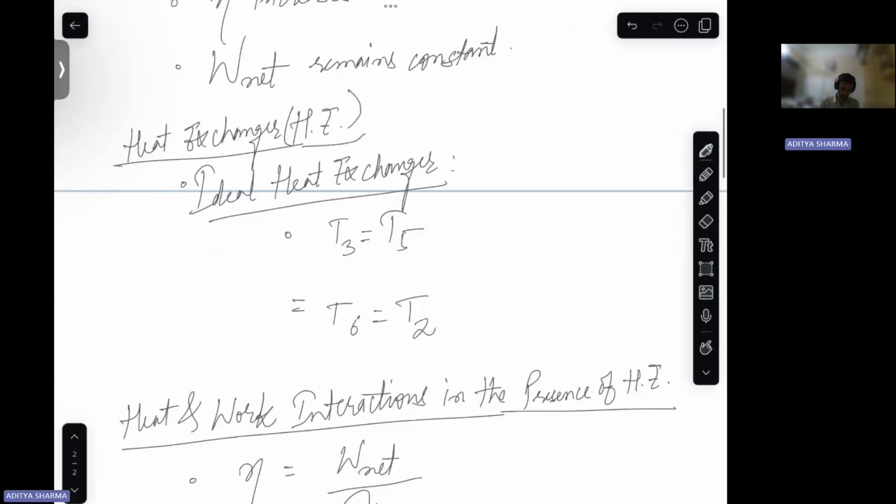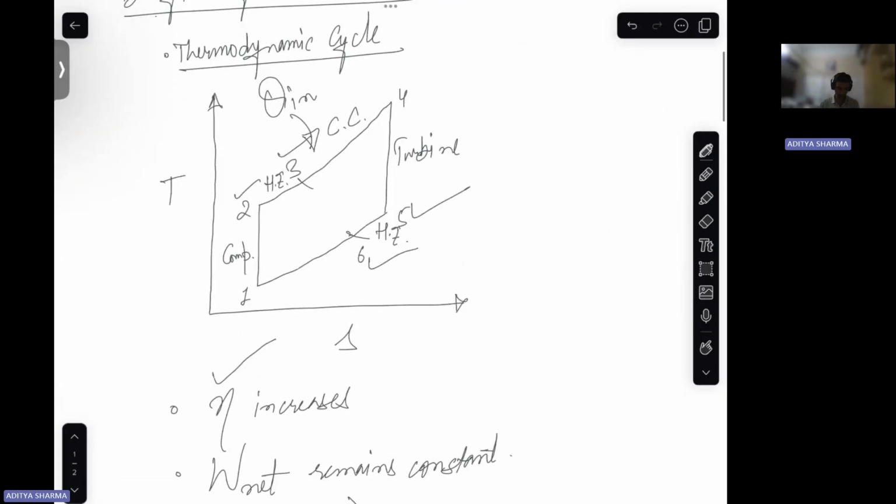So let's go to the diagram of your heat exchanger. So this is your heat exchanger.